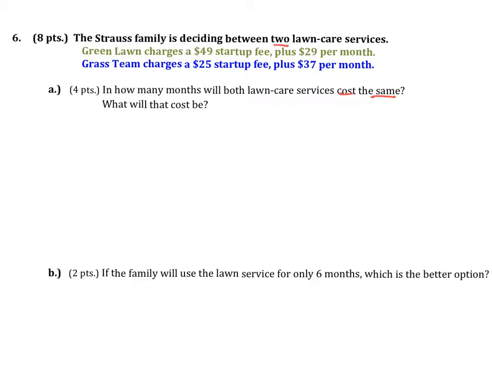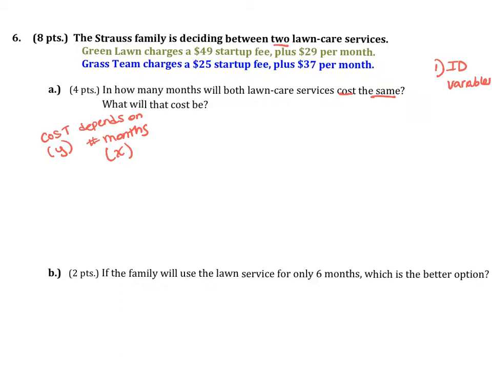Well, first of all, I need to identify variables, because the very first thing you have to figure out is what variables I am finding. I know that the amount of money I spend, or the cost, if I call that y, depends on the number of months, which I can call x, because y always depends on x.